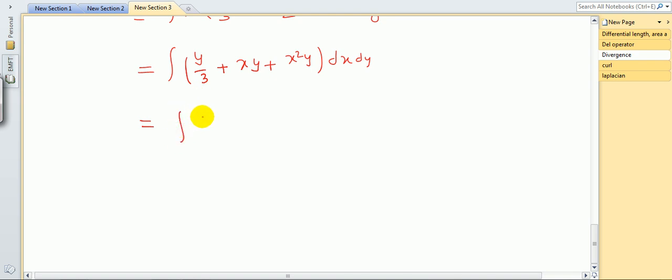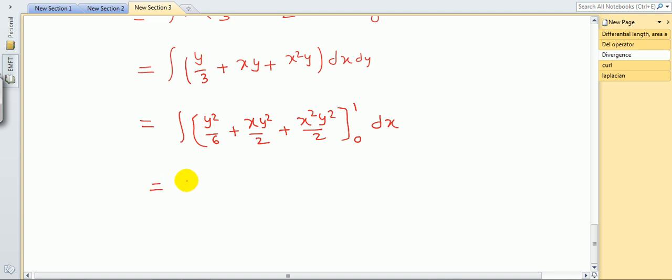So it will be y square by 2, so it will become y square by 6 plus x y square by 2 plus x square y square by 2, and I will put the limits 0 to 1, and the remaining is dx.